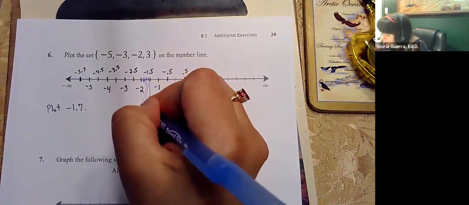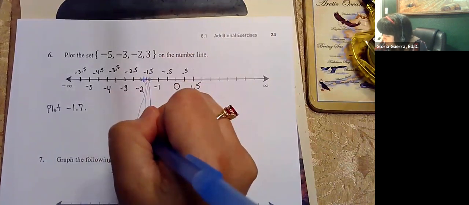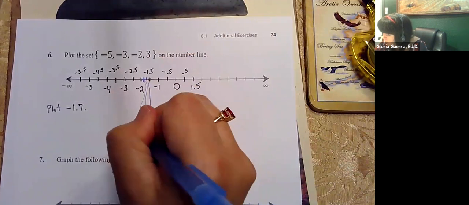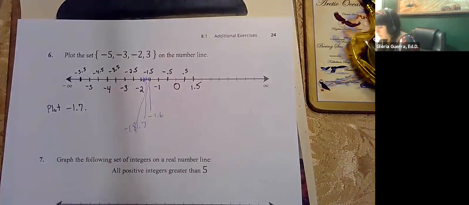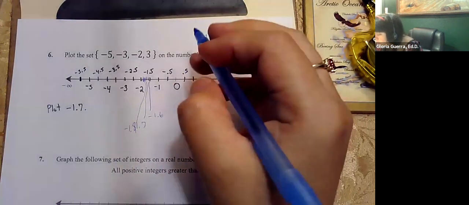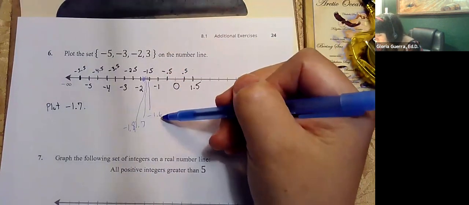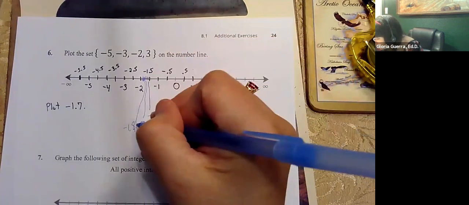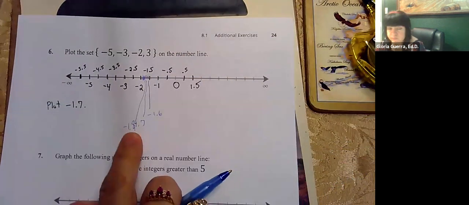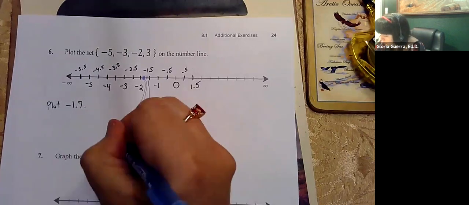Then after that would be negative 1.8. So negative 1.6, negative 1.7, negative 1.8, negative 1.9.